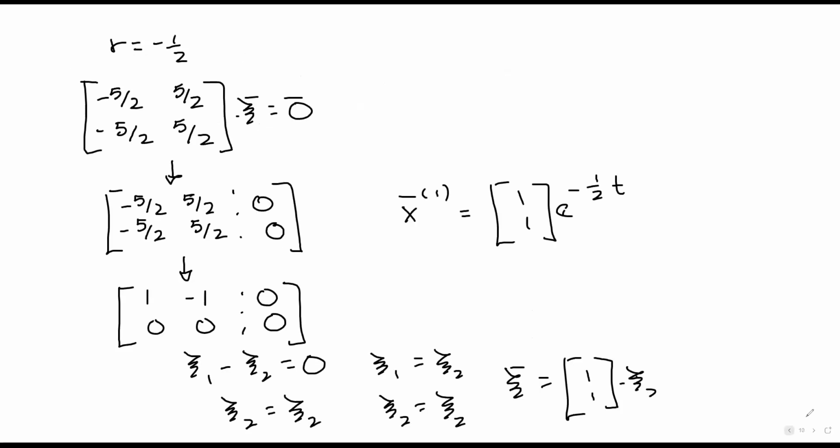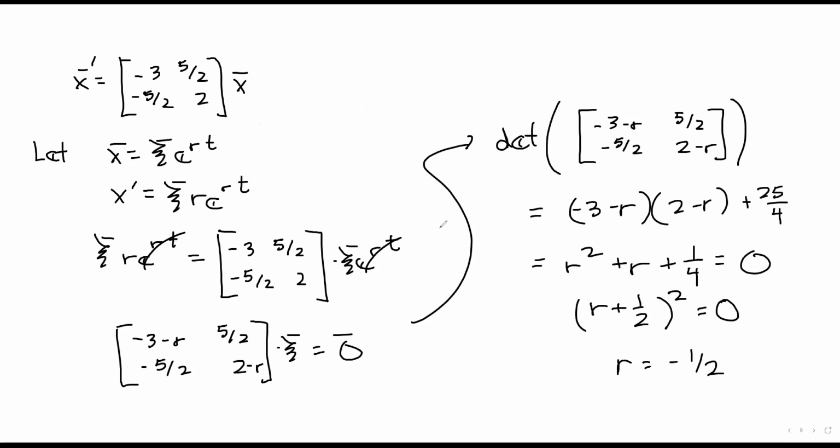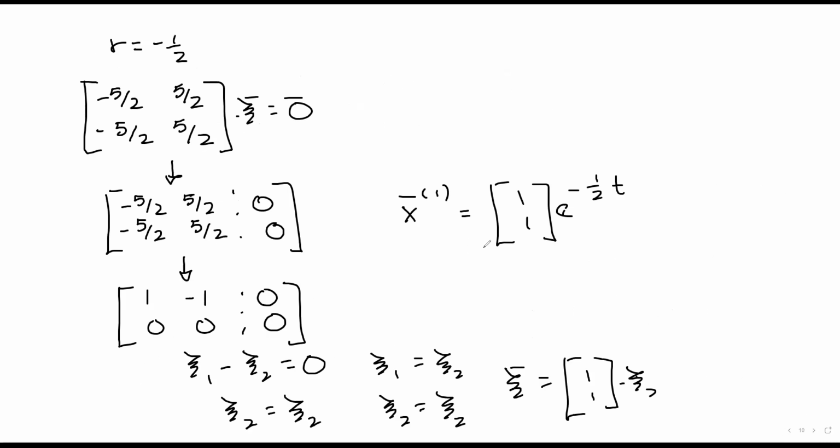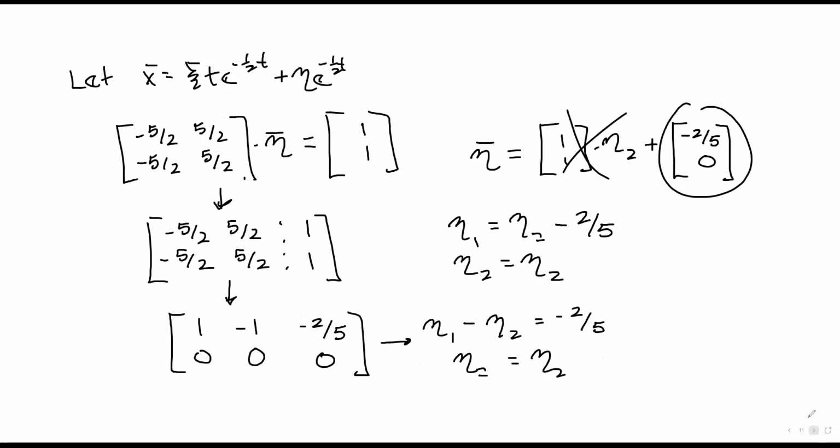All right, so we can just kind of recap. So we start off, here's our equation. We go through and let x equal xi e to the rt. That enables us to go through and find an eigenvalue. We've only got one. With that eigenvalue, we find the eigenvector that goes along with it. And then what we do once we've got that eigenvalue and eigenvector is we let x equal this.